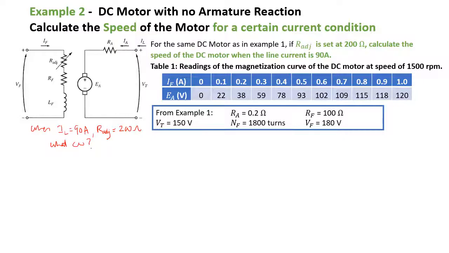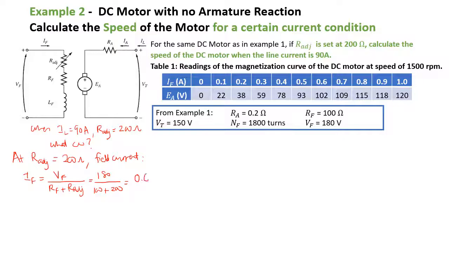So what we first need to do, at an R adjustable of 200 ohms, is calculate the field current. As we know, field current is VF over RF plus R adjustable, which is 180 over 100 ohms plus 200 ohms, so that gives us 0.6 amperes.